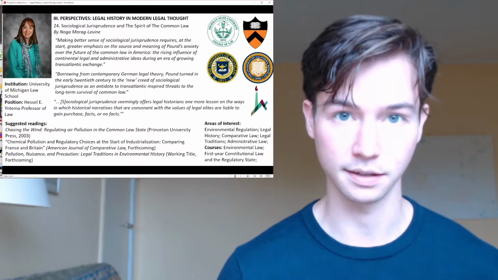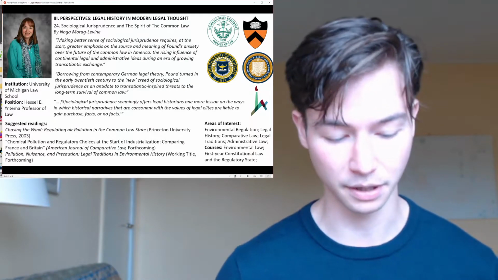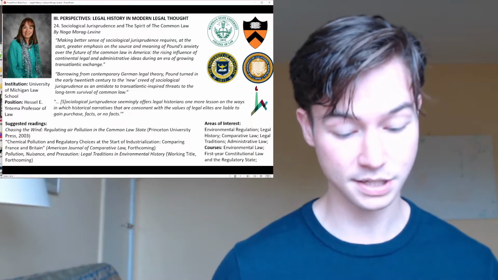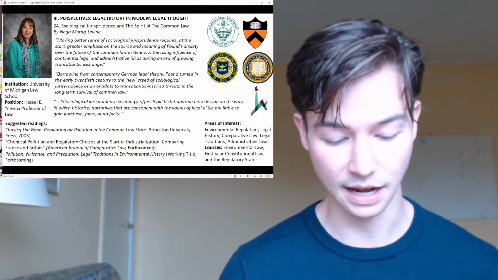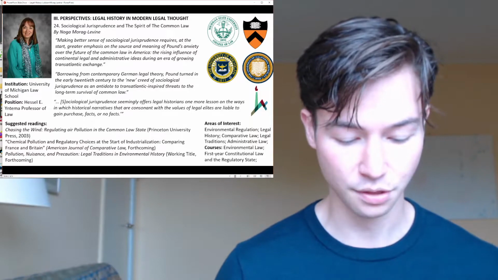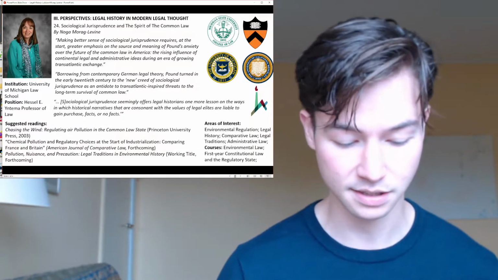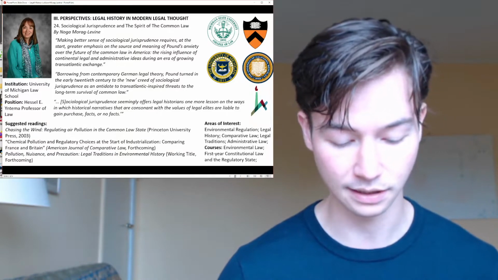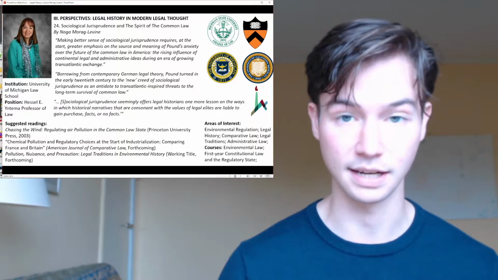So why did this come about, and his anxiety about the future of common law in America? This was caused by the rising influence of continental legal and administrative ideas during an era of growing transatlantic exchange. Furthermore, there was a threat of German-educated social reformers and scientists bent on replicating continental legislation and administration models in the United States.